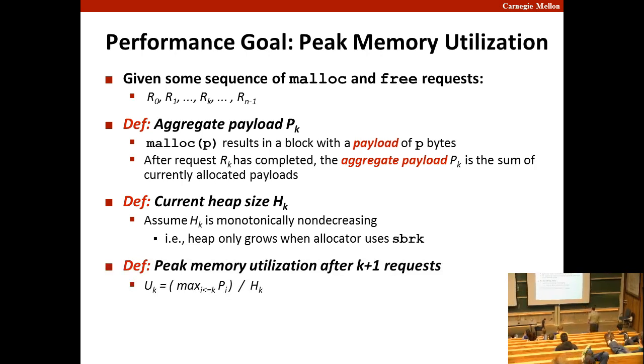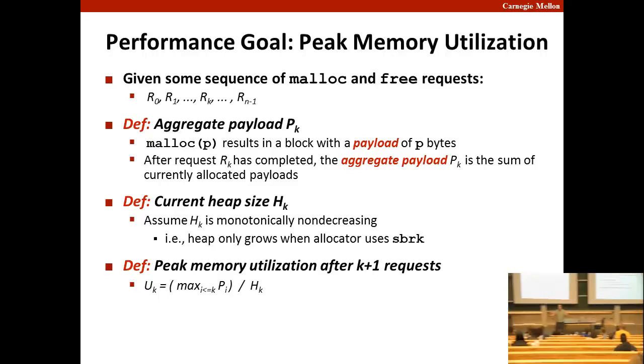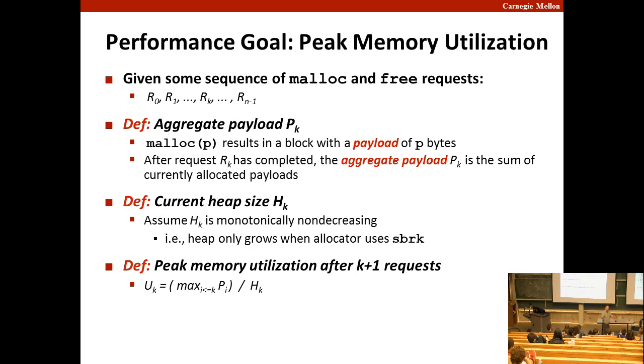Peak memory utilization is what you get when you sum up the payload and divide by the heap size. Okay? If you talk about the peak utilization after a certain number of requests, what that says is I have 10 requests. I look at my memory utilization after each of those requests, and I take the highest value.